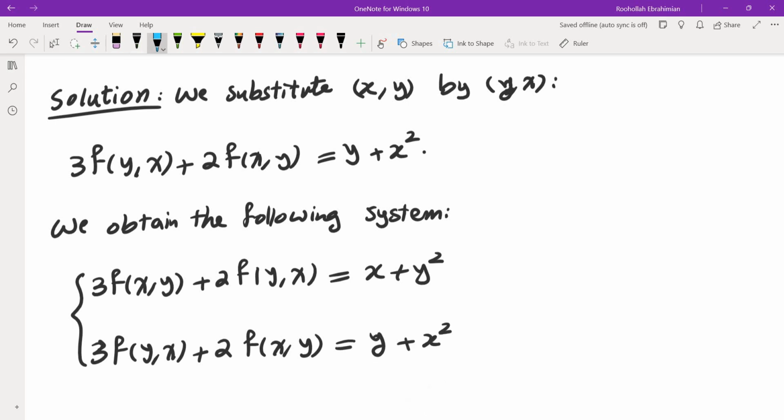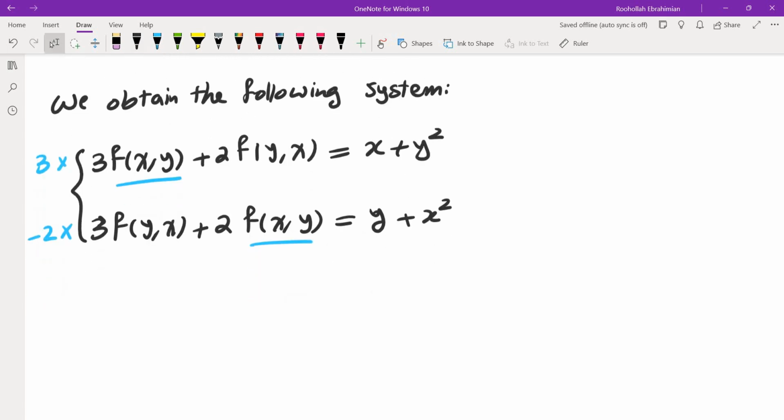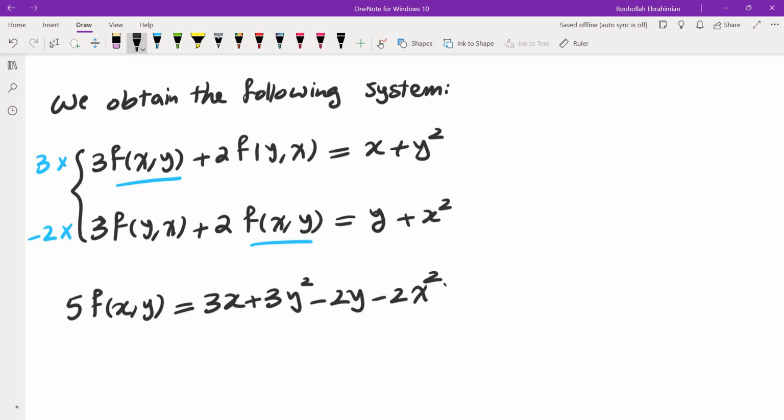Now I would like to solve for f of x comma y, so I'm going to eliminate f of y comma x. I'll multiply the first one by 3 and the second one by -2, so that the coefficients of f of y comma x become negatives of each other, and then we can simplify. We get 9f of x, y on top minus 4f of x, y at the bottom. We get 5f of x, y equals 3x plus 3y squared minus 2y minus 2x squared.